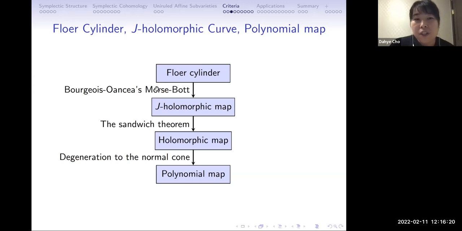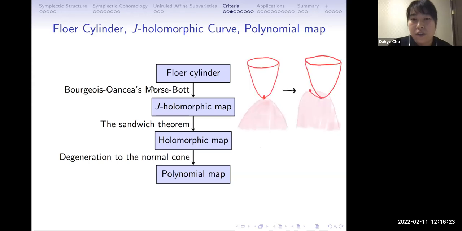Then the Bourgeois-Oancea Morse-Bott symplectic cohomology result shows that when you degenerate the Hamiltonian to be constantly zero in the interior of the Liouville domain, the Floer cylinder deforms to a J-holomorphic curve followed by a Morse trajectory. So the picture is like this. We get a J-holomorphic curve intersecting the descending chain of the Morse function.